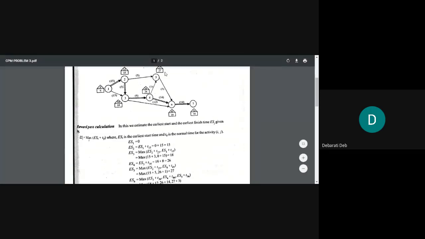In LF5 also one arrow only came out and moved to 6, right? The rest 2 arrows are for forward pass computation.